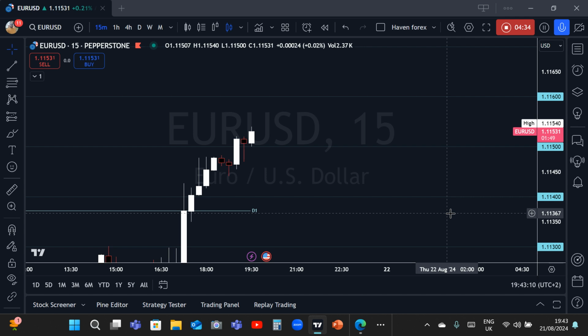If there are too many buyers, price will continue to skyrocket. What RSI does, it will help us to know, okay, at this point, the market is overbought. Or at this point, when it's bearish, it will let us know that the market is oversold.